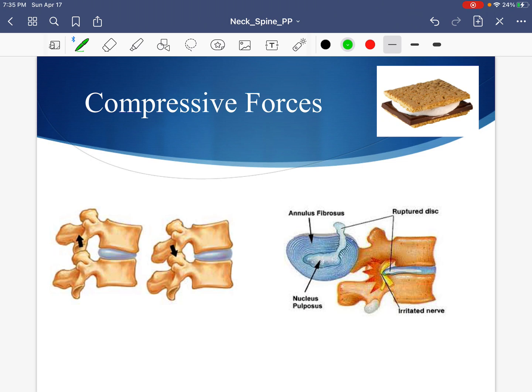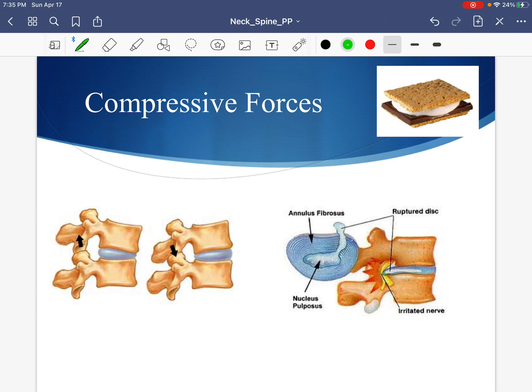In my s'more analogy, the marshmallow is a great way to provide some shock absorption. If you put pressure on top and bottom of the graham crackers, those forces will be a little bit distributed, shock absorbed by the marshmallow.